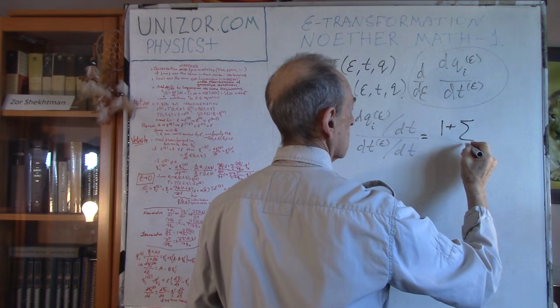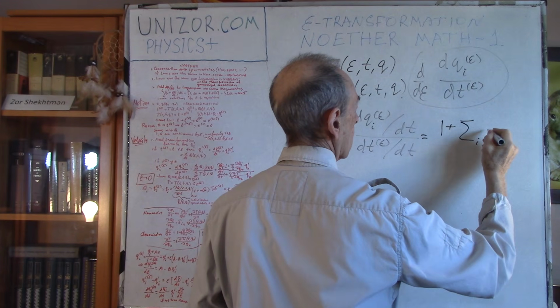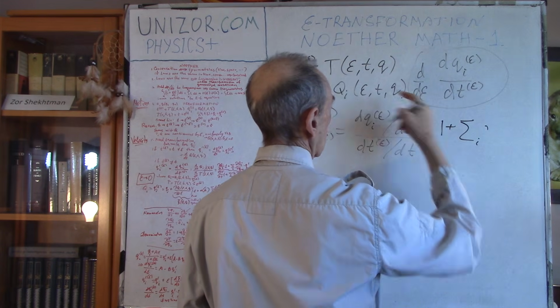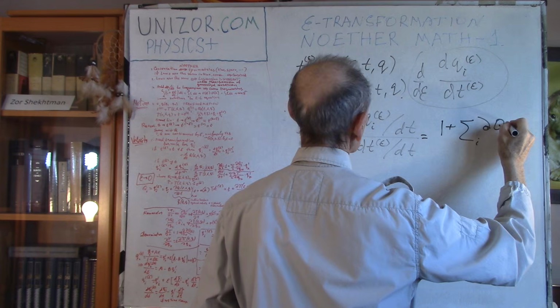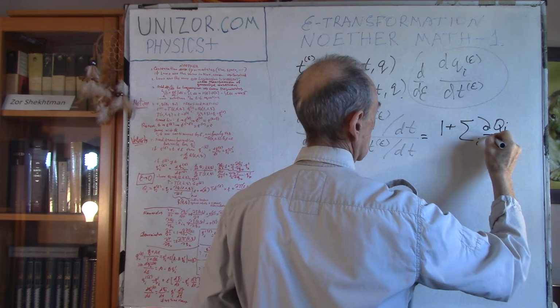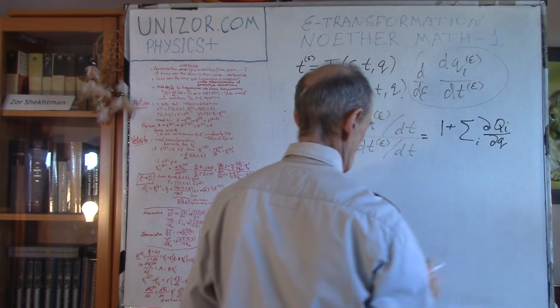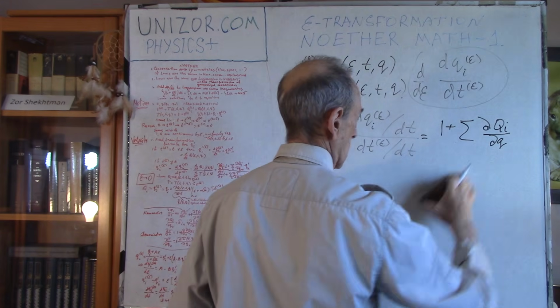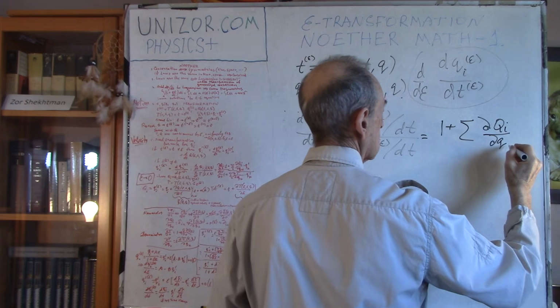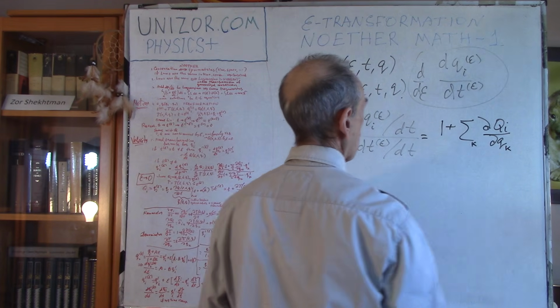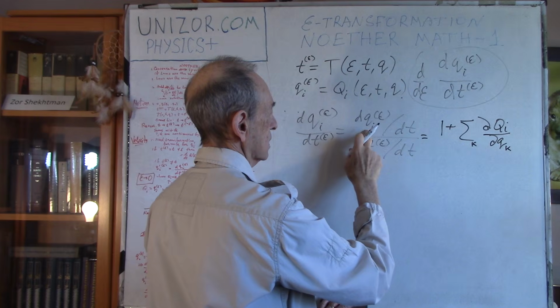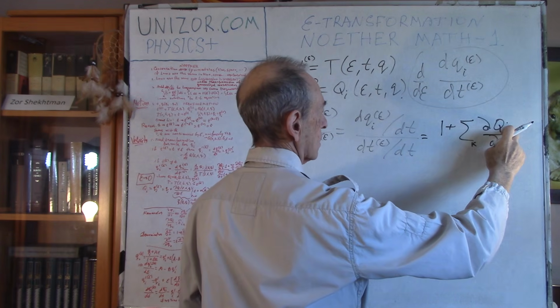That's why I put sigma by i. Derivation of qi by dqk. Now we have this i, that's why I put this i here.